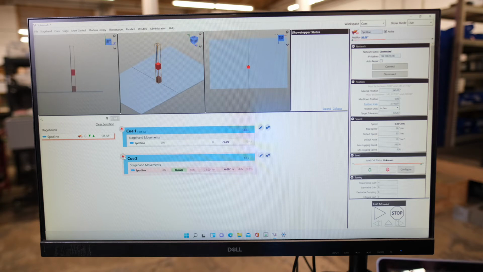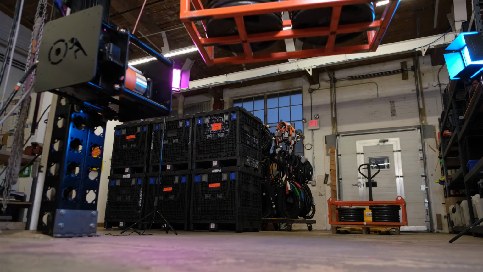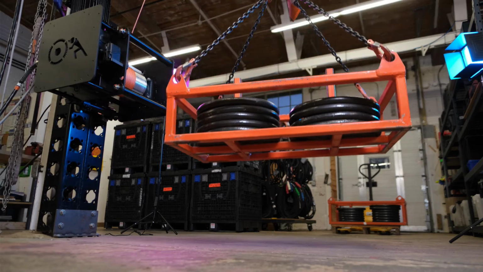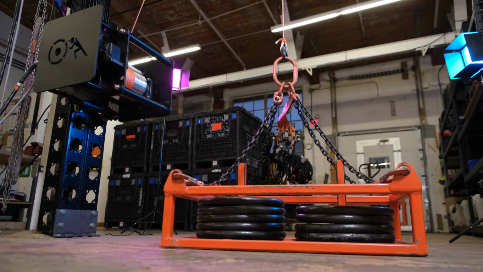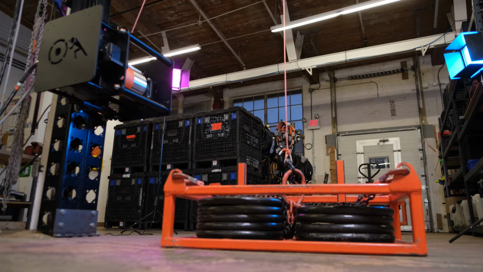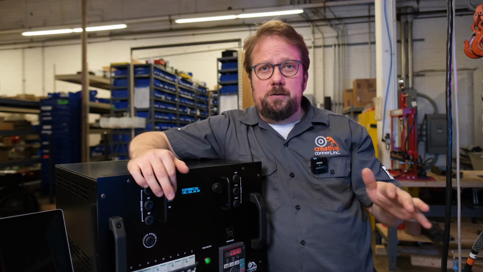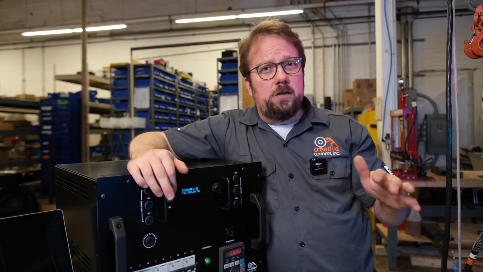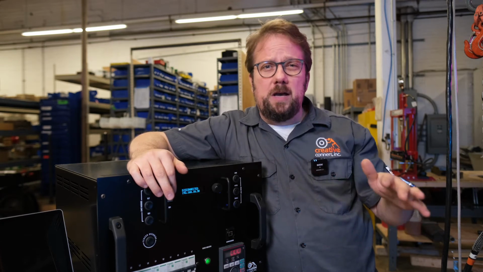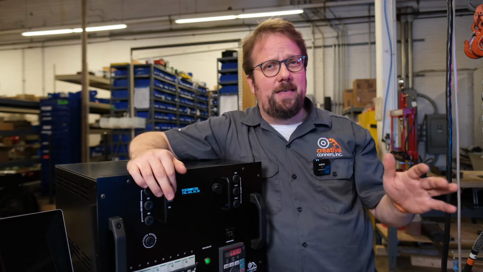I load the cue, and I'm going to go ahead and run it. Boom. Okay, clearly that's no good. If we misset our 0, then next time we run a cue, we could drop the load beyond where it's supposed to go. Can't have that.